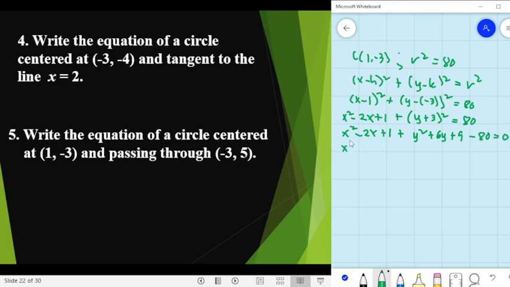Arranging and combining similar terms, we have x squared plus y squared minus 2x plus 6y, and then 1 plus 9 minus 80, that would be equal to -70 equals 0. Okay, so therefore, the answer for number 5 is x squared plus y squared minus 2x plus 6y minus 70 equals 0.